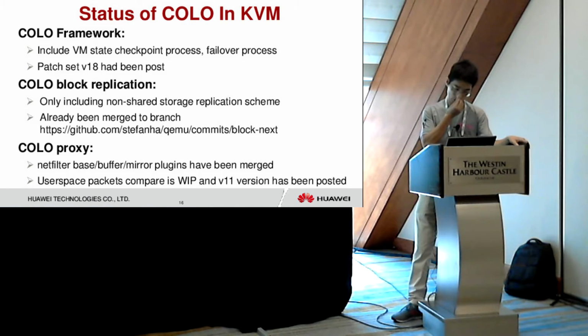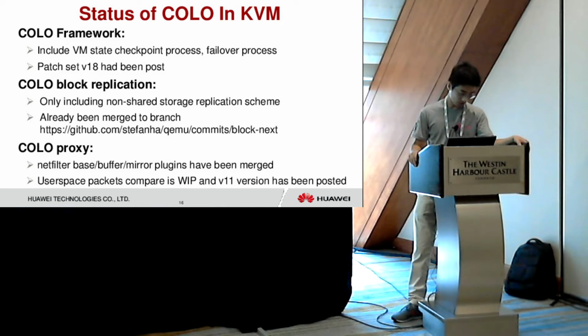For the COLO proxy, we implemented several plugins and sent them separately, and part of them have been merged upstream, like the net filter base, net filter buffer, and the mirror.